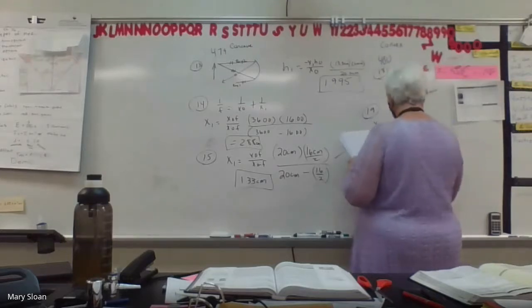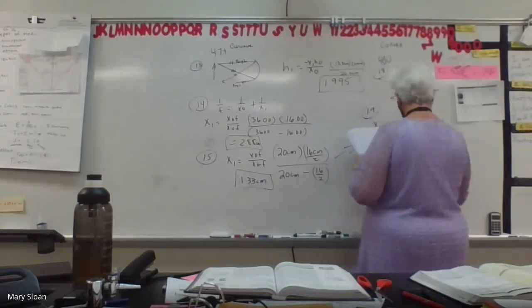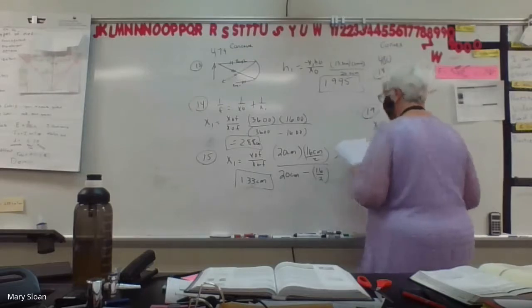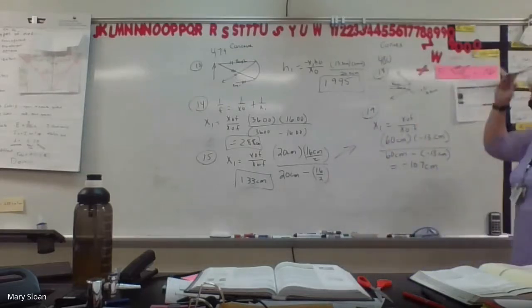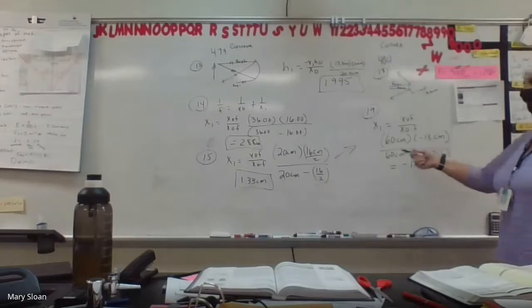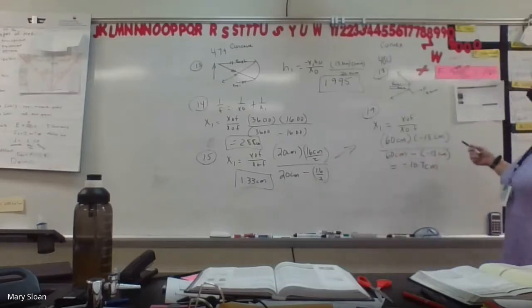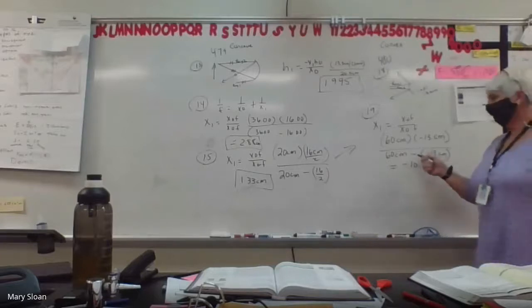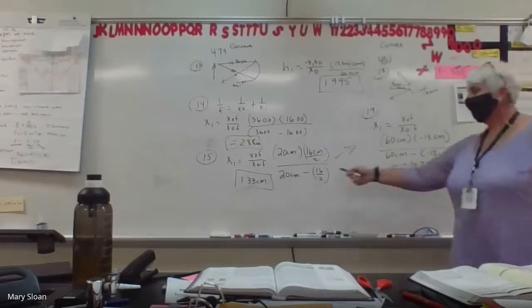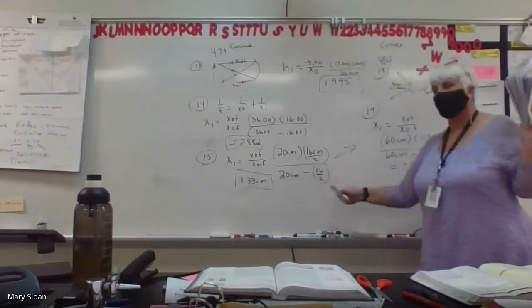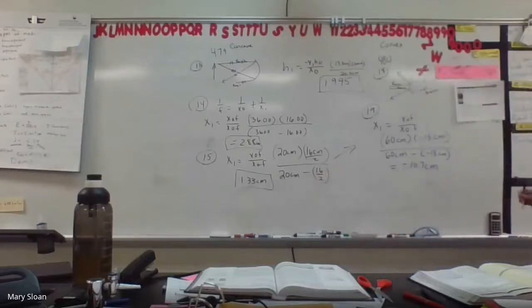You do the math, you get negative 10.7 centimeters. So if you look, different positions, but pretty much the same formula that we use for both. The only thing that's different is this is subtracting a negative. This is just subtracting a positive. So I want you to see those differences.